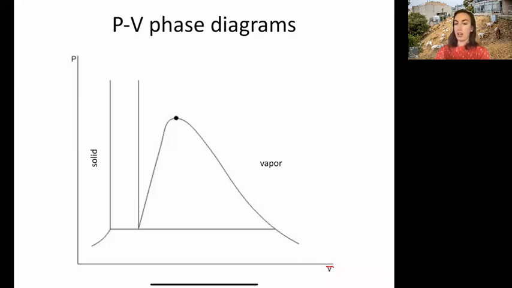And then the region that connects the solid and the vapor regions should be the solid vapor phase, right? We need to have a region where solid and vapor phases sort of touch. We shouldn't have to pass through a liquid phase to get to the vapor phase. Sublimation is possible. So the region that touches both the solid and the vapor phase is the solid vapor region.